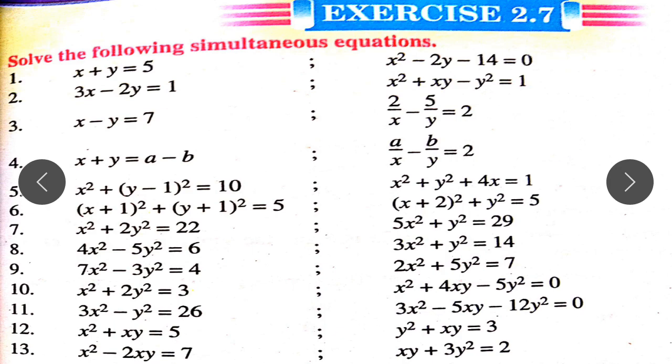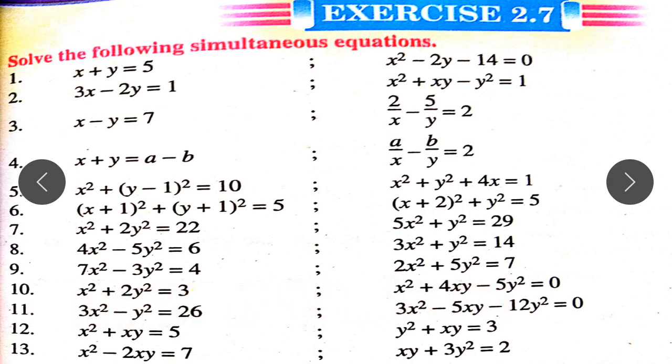Okay, now we have question number 10 and 11. You can see what is the difference between question number 7, 8, 9 and 10 and 11. In question number 9, x square exists here, y square exists here. But in the other equations, x square exists and y square exists, but xy is in the middle here, whereas here we don't have any xy.